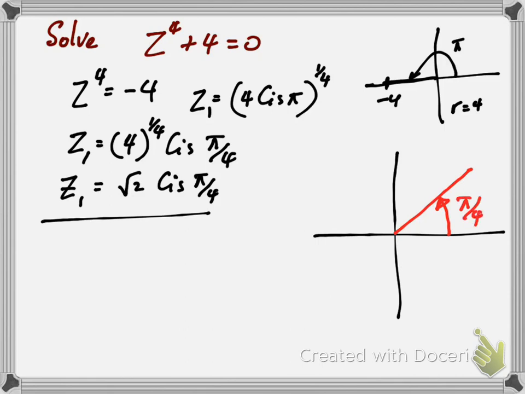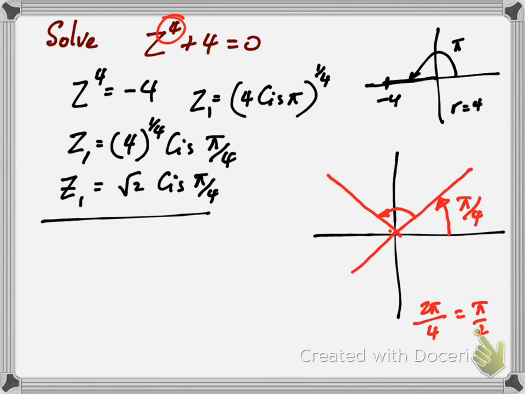Now what you do next is you take 360 degrees, which is 2 pi, and you divide that by 4, because you end up with 4 solutions for the power 4. So 2 pi divided by 4 is pi over 2, which is 90 degrees. If you add 90 degrees from here, you end up with your second solution.